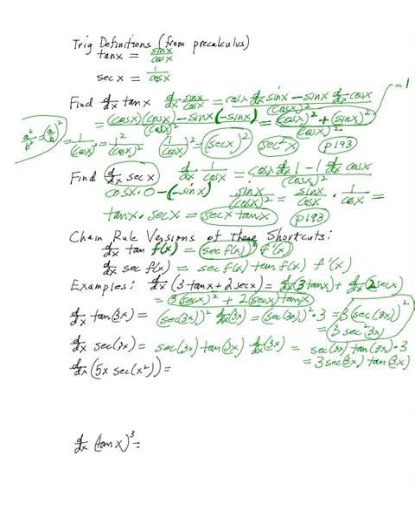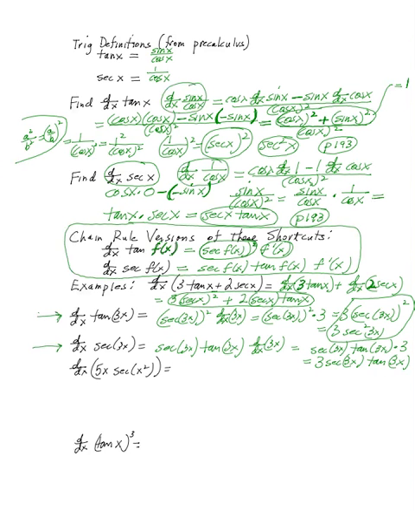Notice that I just got through using these two chain rule versions of the shortcuts in these previous two examples. I don't have to go back and use the quotient rule here and here because I already know what my shortcuts are.